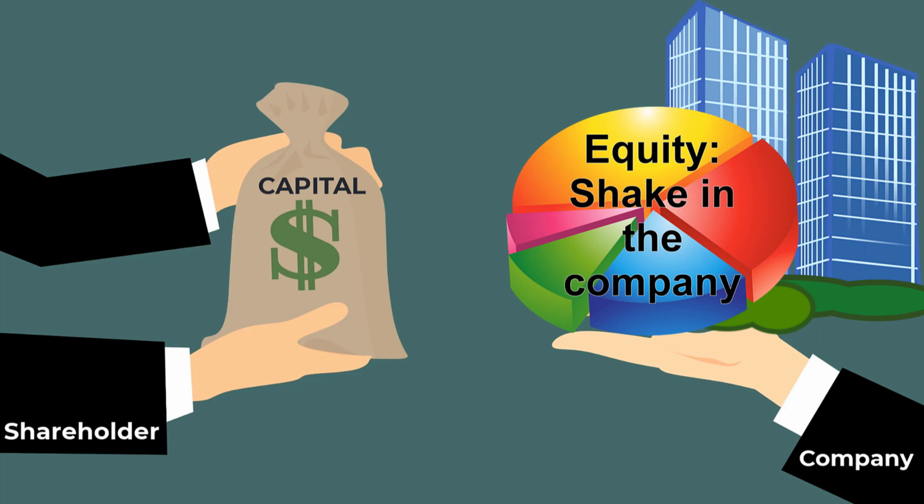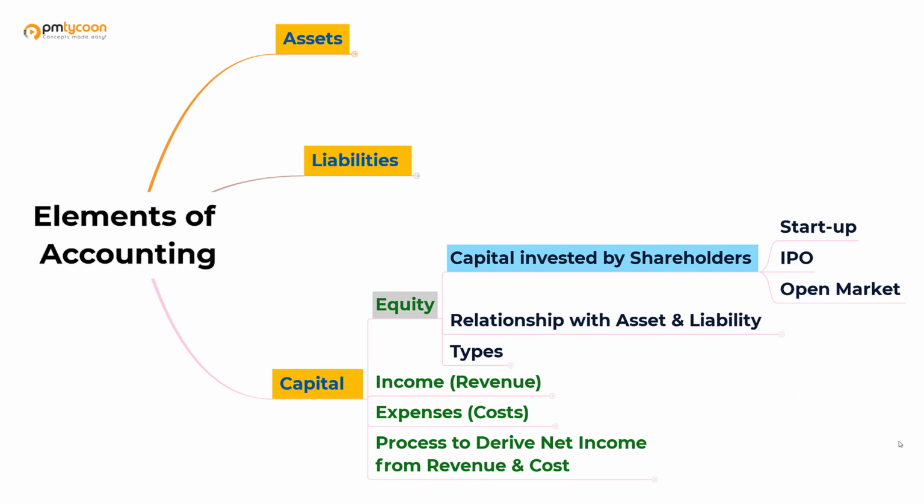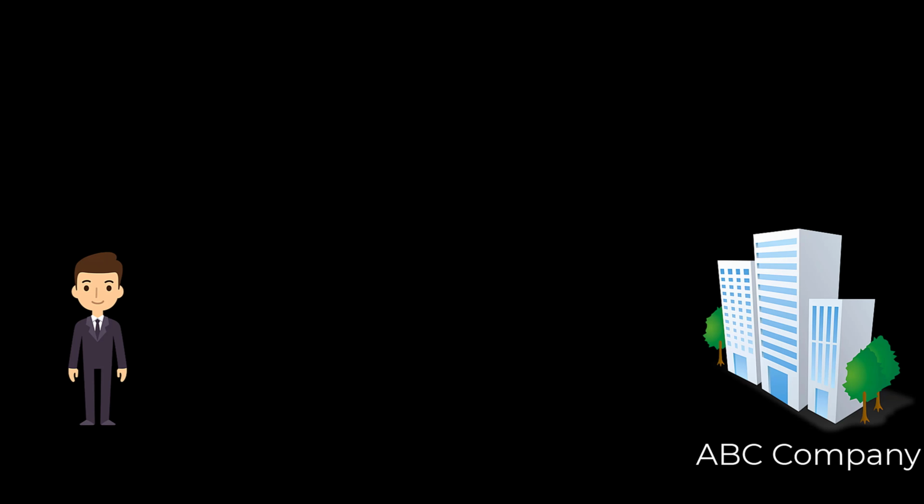So now let us get a bit more into the details and understand the relationship between assets, liabilities, and equity. Let me explain that relationship. You will get to know the formula, how these three things are linked together, with a very good example. Okay, let us say a person is starting a company called ABC.